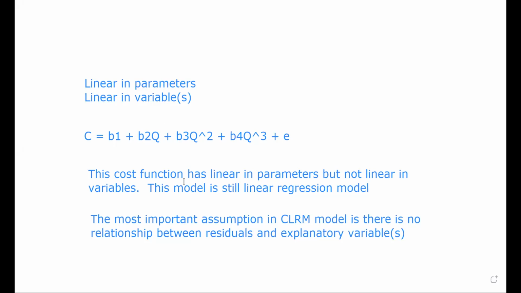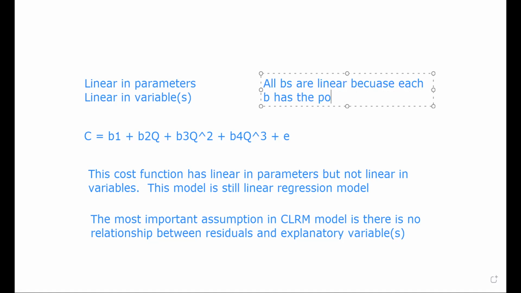That means all the betas here are linear, because each beta has the power of 1. Different to Q: the first Q is to the power 1 and the second Q is to the power 3. So it's easy to differentiate which one is linear or non-linear.